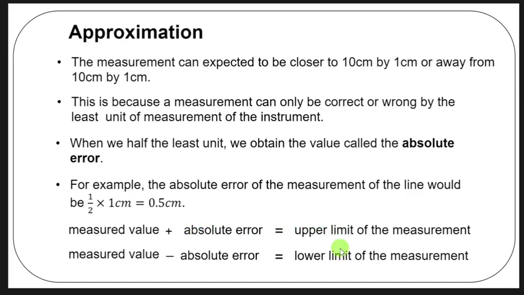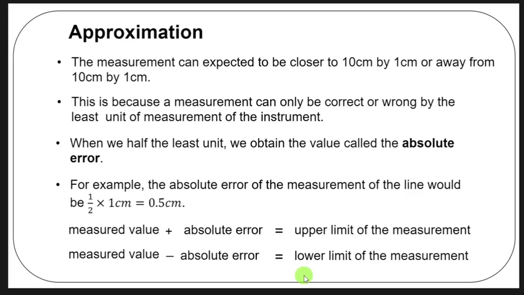the value by which we can be away from the actual value. The allowed error by which we can be away from the actual value. That is what is being called here the upper limit of the measurement. Then also if we get the measured value minus the absolute error, we get what we call the lower limit of the measurement.